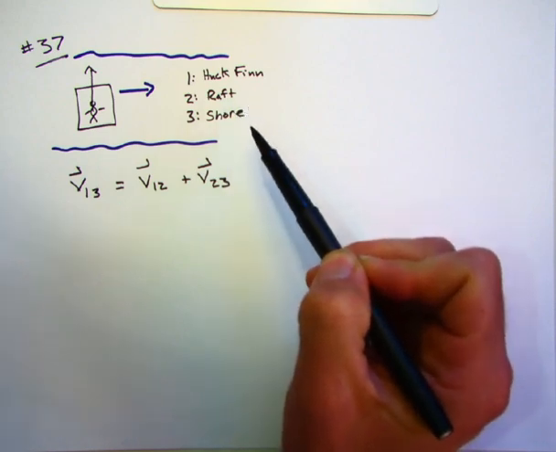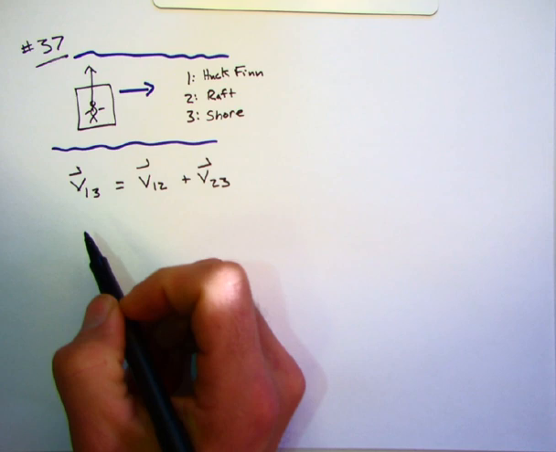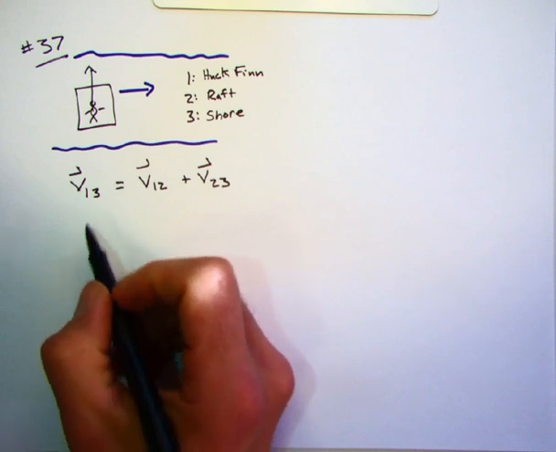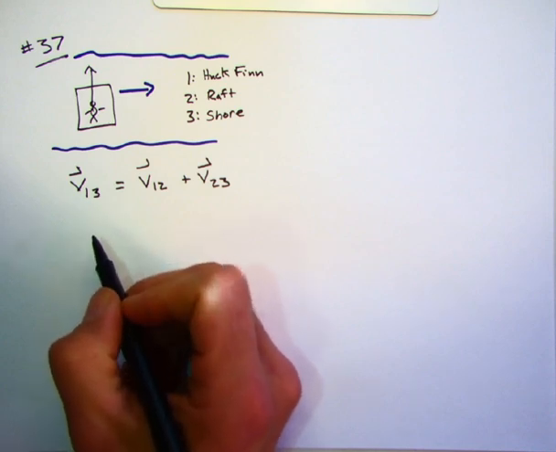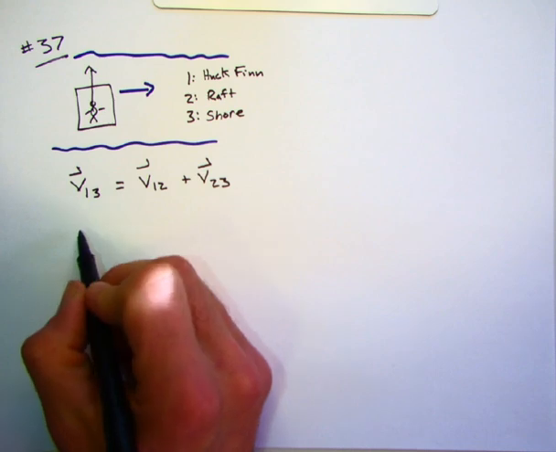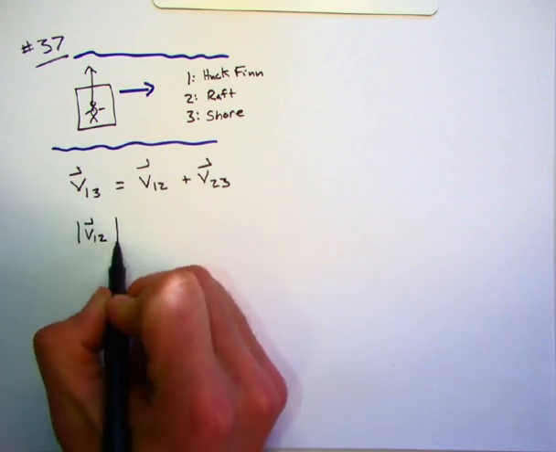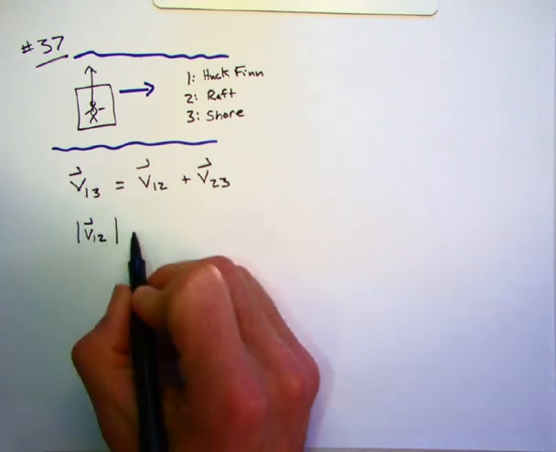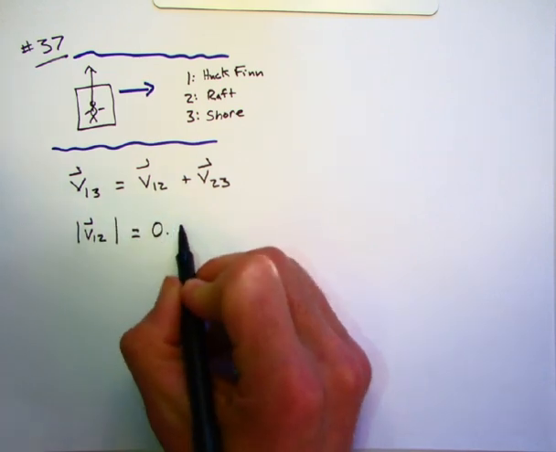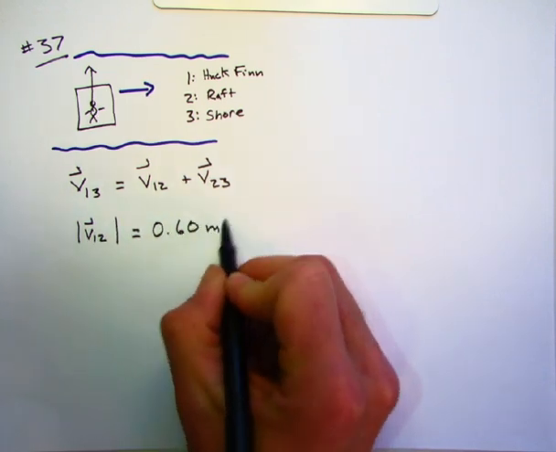Now the problem states that Huck Finn walks at a speed of 0.60 meters per second across his raft. That indicates that the magnitude of vector v12 is 0.60 meters per second.